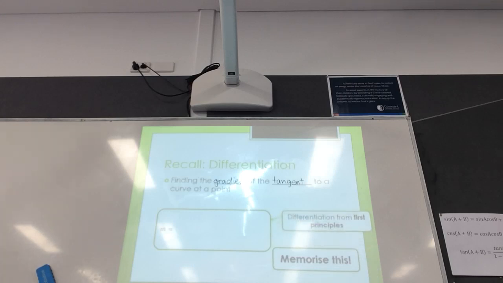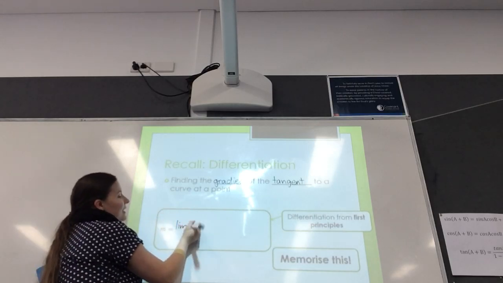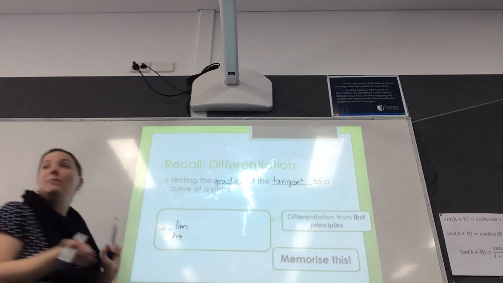I'm going to show you a really easy method to differentiate, this is not it, okay? So if you use the easy method when the question said differentiate from first principles, how many marks do you get? 0.